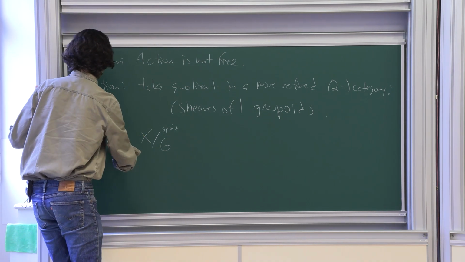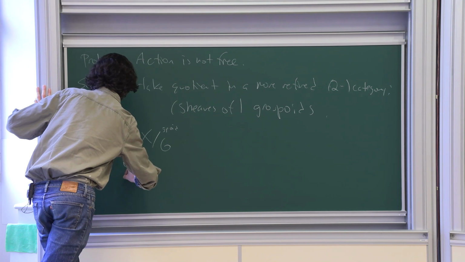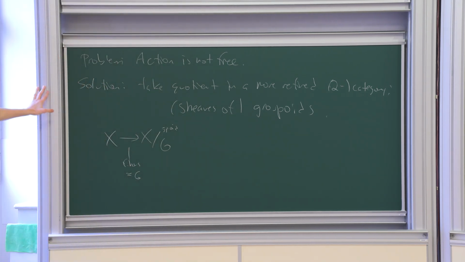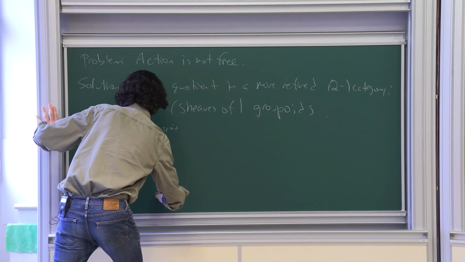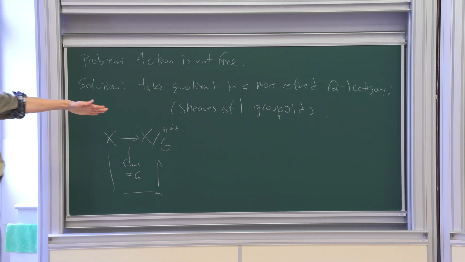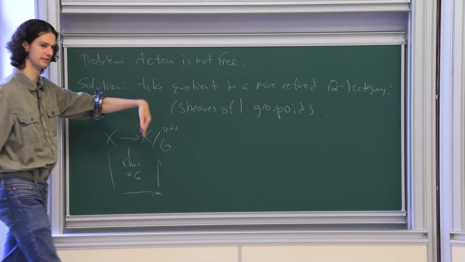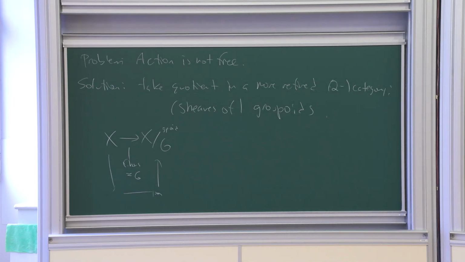But there's always a map from X to X mod G, and the fibers are all isomorphic to G. Fibers in the sense of taking a pullback in groupoids. So the groupoid quotient always behaves like a free quotient: X going to X mod G is always like the total space of a G bundle, so to speak.